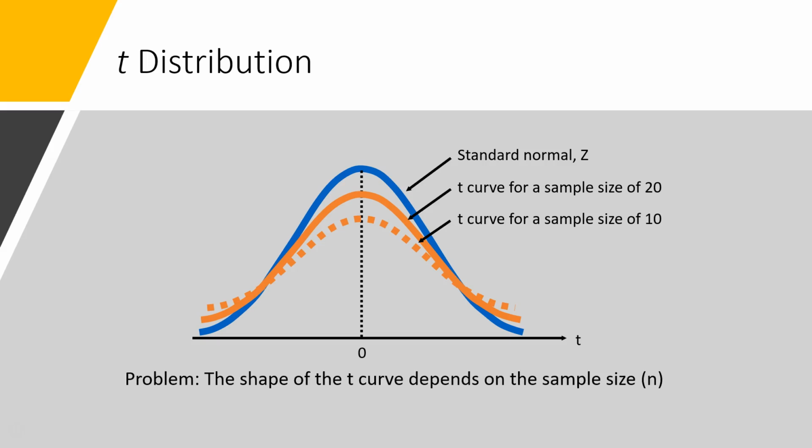So the thing that we want to keep in mind is that the shape of the t-curve is going to completely depend on our sample size. Now, in this discussion, I showed you what happens to my t-curve as I decrease my sample size. But remember, as my sample size approaches infinity, the t-curve is going to resemble the standard normal z-curve.